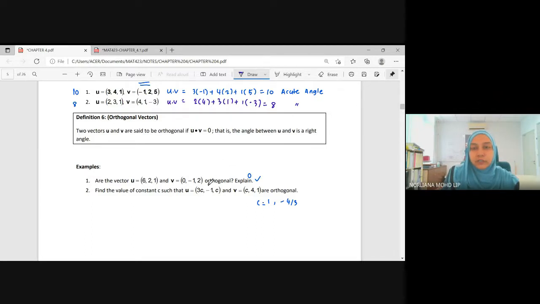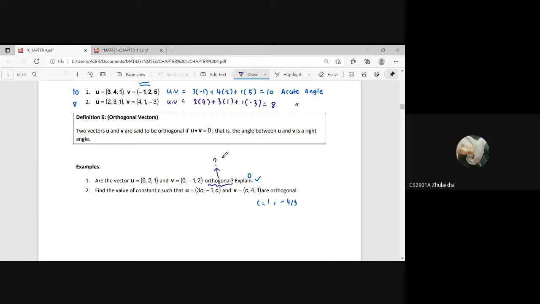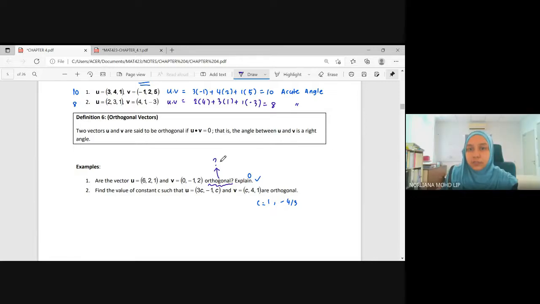Definition for orthogonal apa dia? The two vector, U dot V equal to 0. Okay, good. U dot V is equal to 0. Proof untuk orthogonal.